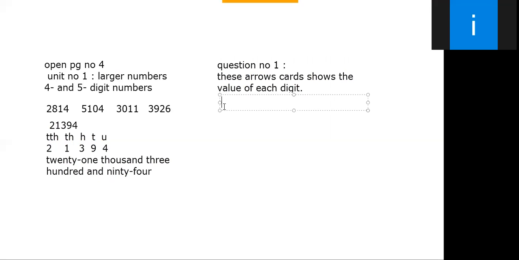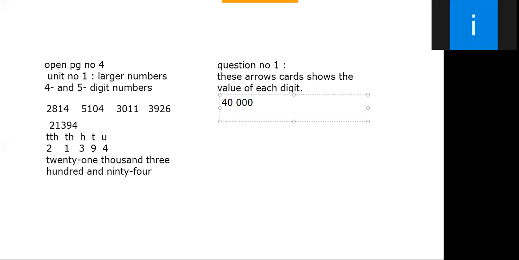In 100 we have 2 zeros, and in 10 we have 1 zero. And in a unit we have only a one value. So you can see they write first 40,000. How many zeros in 1,000? There are 3 zeros.